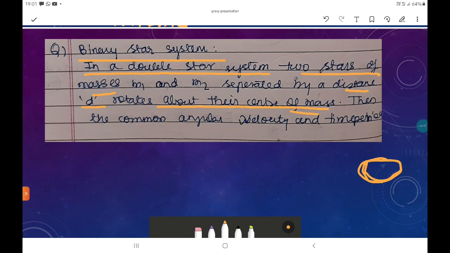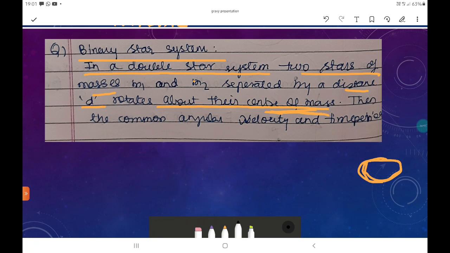The central point will be their center of mass, and I hope in the system of particles chapter you have learned how to find the center of mass. Then the common angular velocity and time period, you need to find.